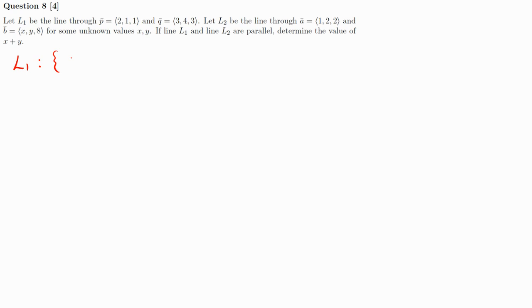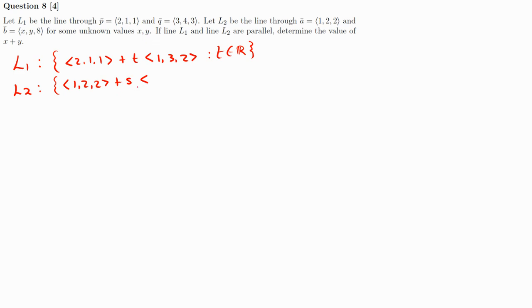So L1 is 2, 1, 1 plus T times 1, 3, 2 for T an element of R. Okay, and L2 is equal to 1, 2, 2 plus S. Yeah, we can actually use the same or different parameters here.